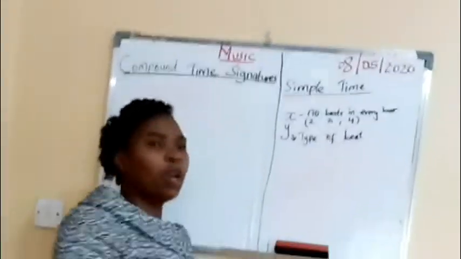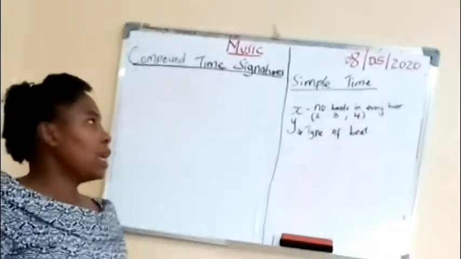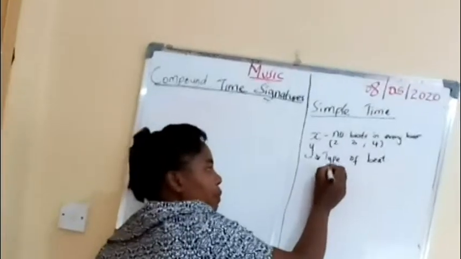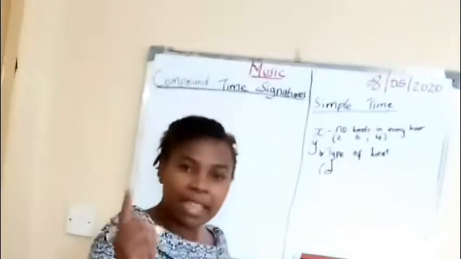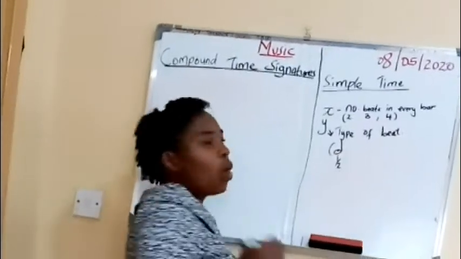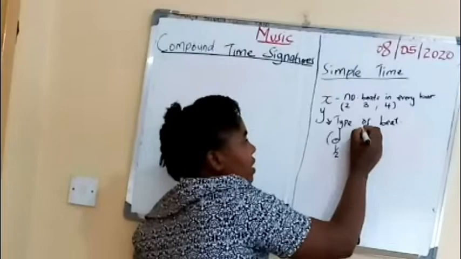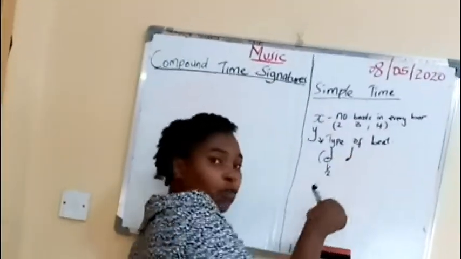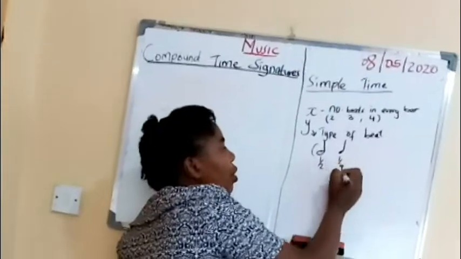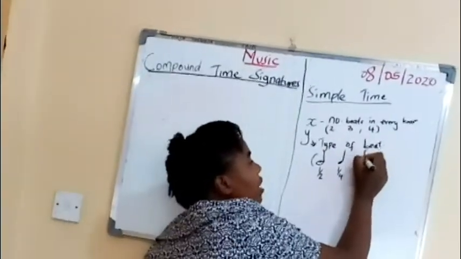Now, when we talk about the type of beat, boys and girls, we mean the beat can be either a minim, and remember the other name for a minim is a half note, or it can be a crotchet, and the other name for a crotchet is a quarter note, or it can be a quaver.